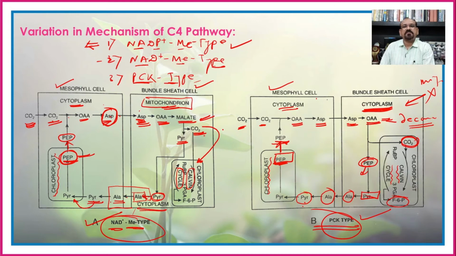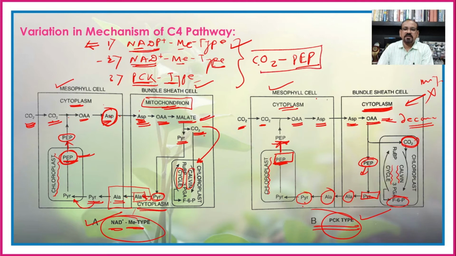And in this way the cycle continues, that is the C4 pathway. So whatever the condition in the different plants, whether NADP-ME type, NAD-ME type, or PCK type, the basic thing is that the carbon dioxide is absorbed by phosphoenol pyruvic acid or pyruvate. This is the characteristic feature of C4 plants.